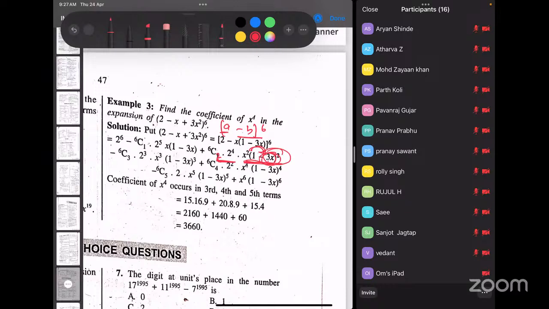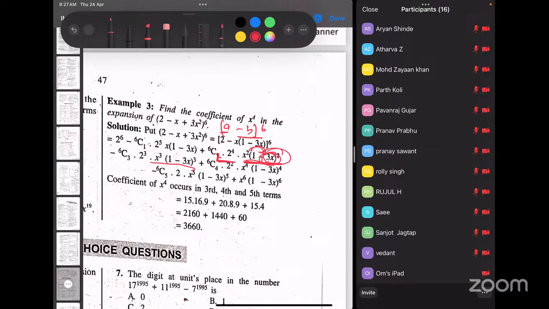Another will be, in this case, the fourth term. We have 6C3, 2 raised to power 3, and x cube into (1 minus 3x) whole cube. If you open (1 minus 3x) whole cube, you will get a cube plus b cube plus 3a square b and so on.